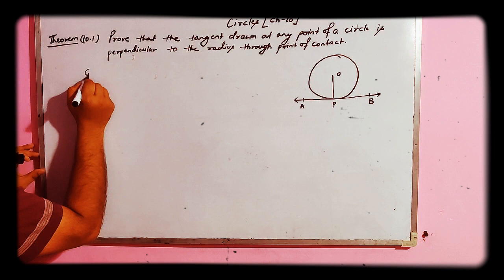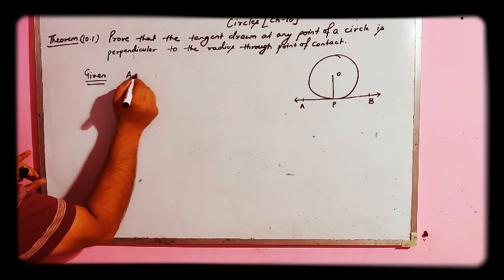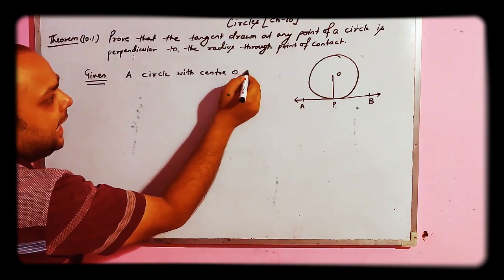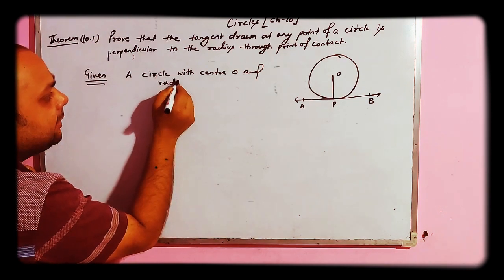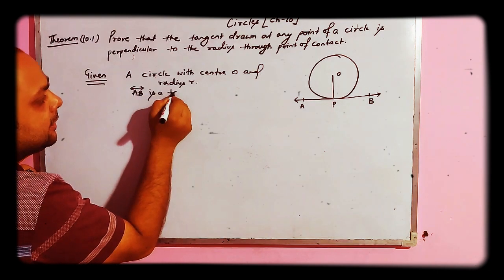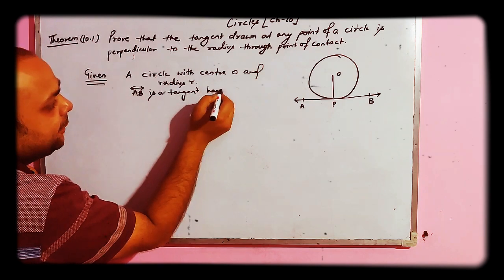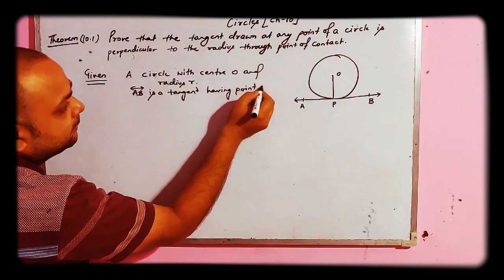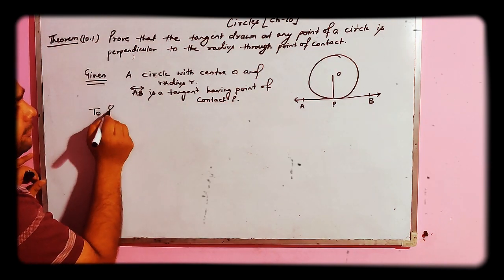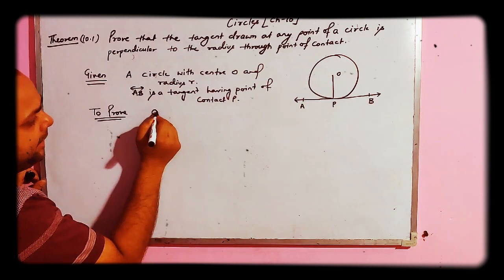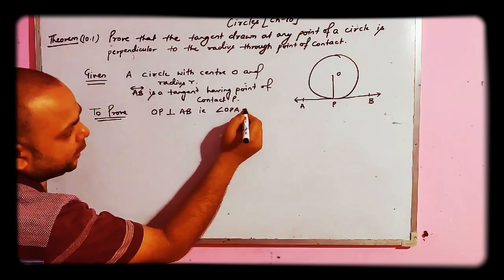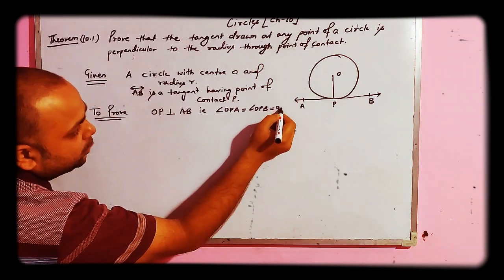Now we are given a circle with center O and radius R. AB is a tangent having point of contact P. To prove: OP is perpendicular to AB, that is, angle OPA equals angle OPB equals 90 degrees.